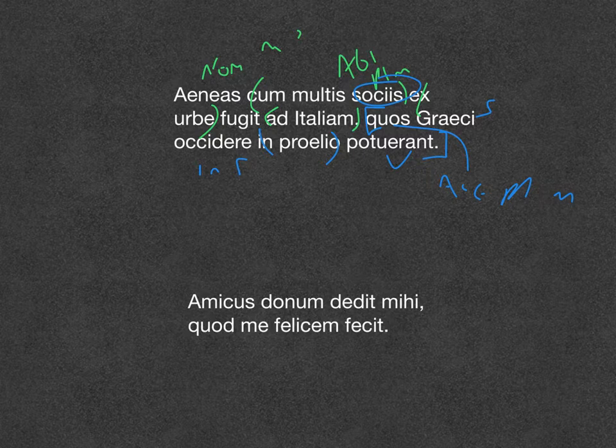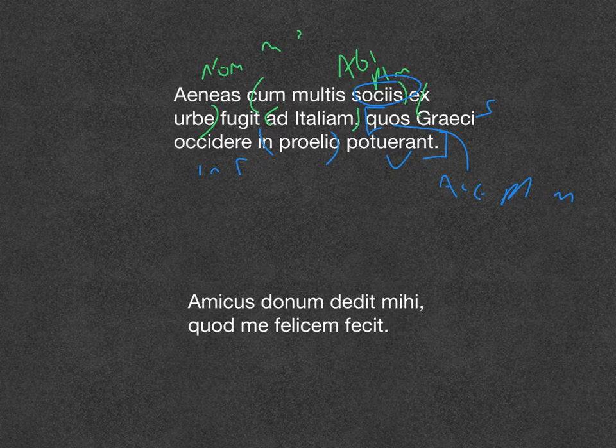And so one more time for clarity, in case you are trying to write this down, the translation for this one: Aeneas fled from the city to Italy with many comrades, whom the Greeks had not been able to kill in battle. A lot of prepositions there, so the parentheses are important.